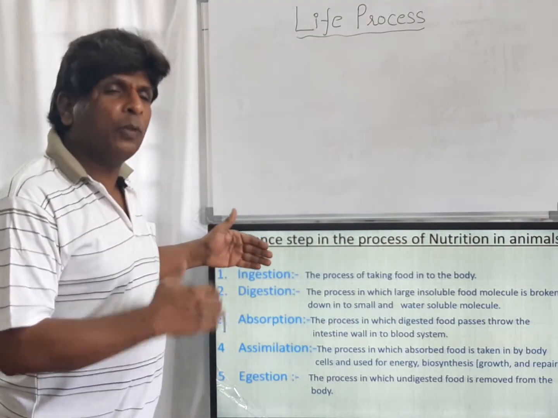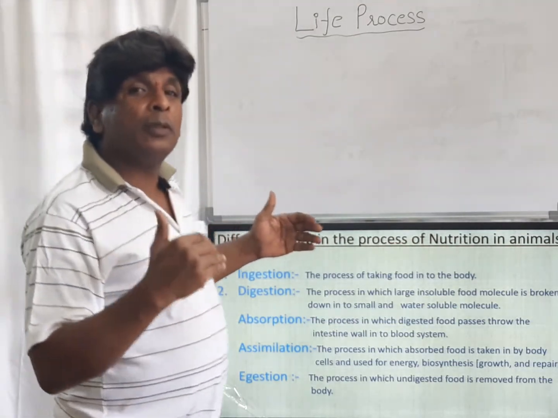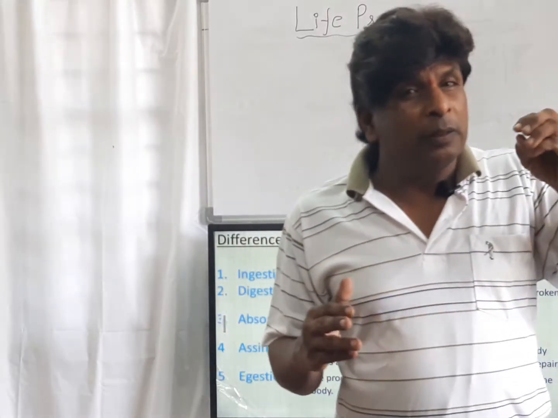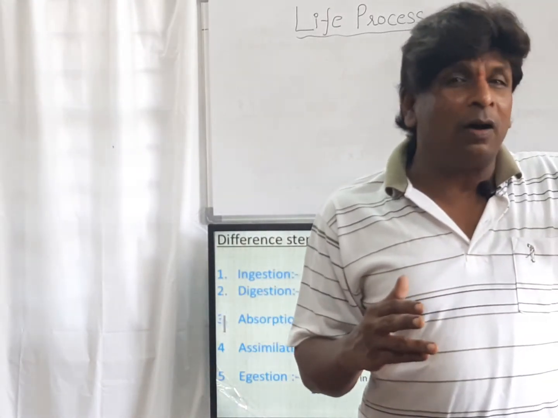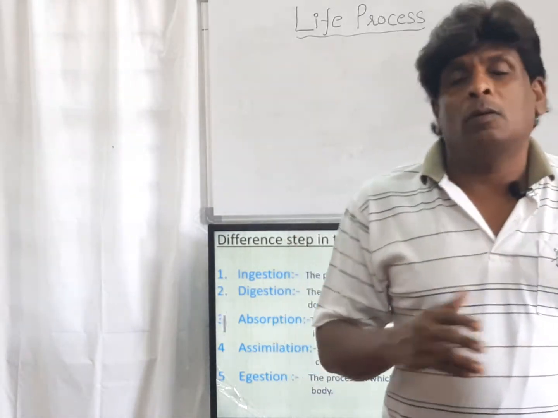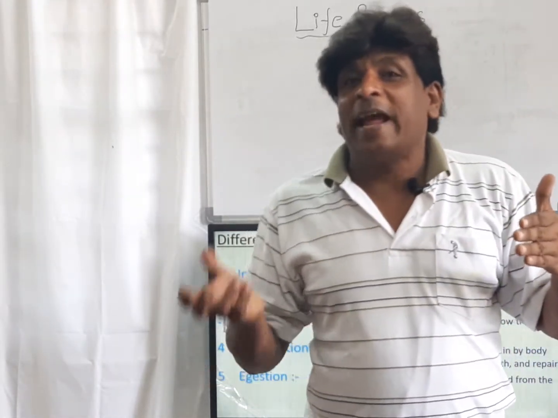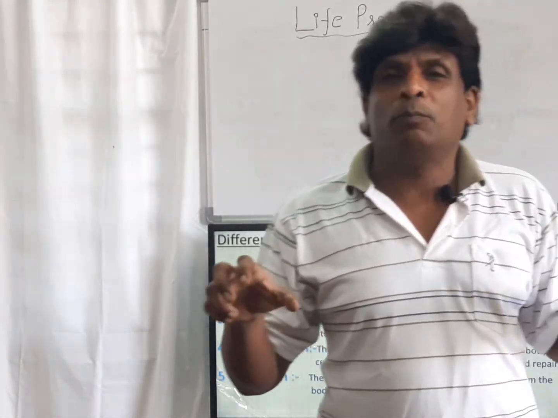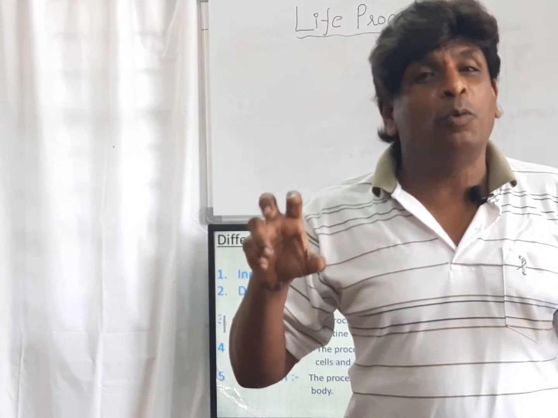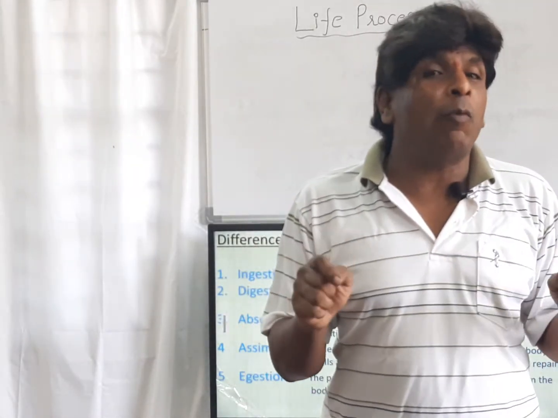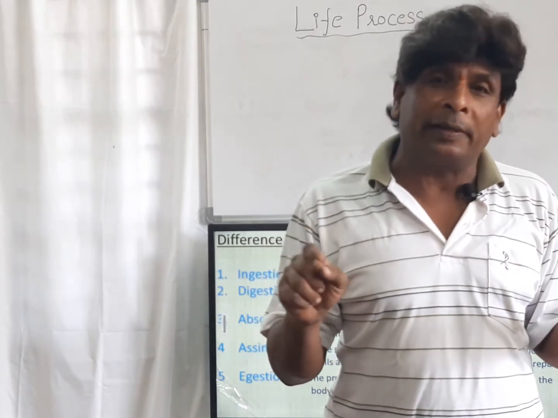In animals, it is digested step by step, because we have studied that most animals take complicated food from the atmosphere and convert that complicated food into a simplified mode, which can be absorbed by water, because our blood is water.